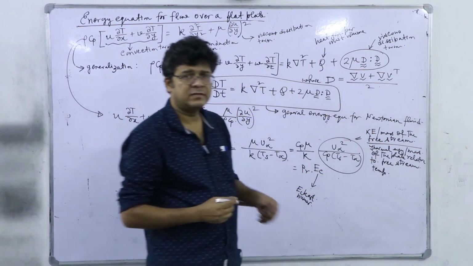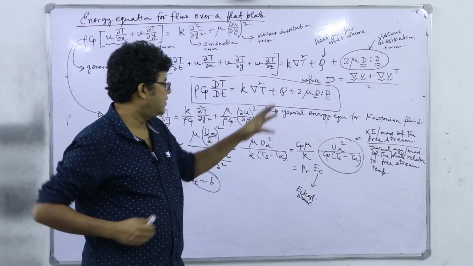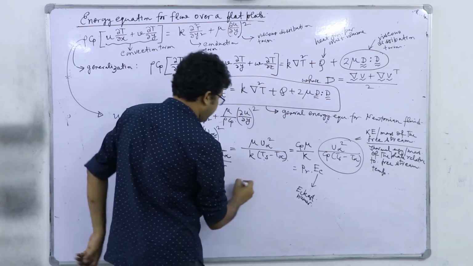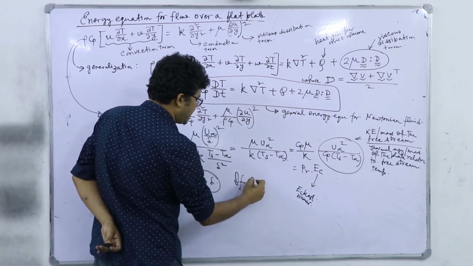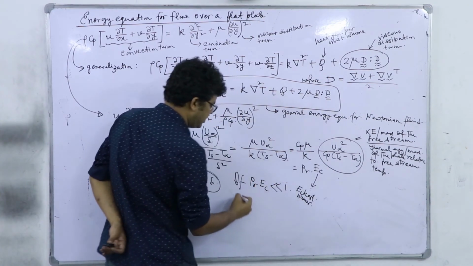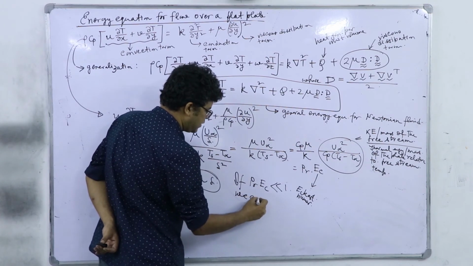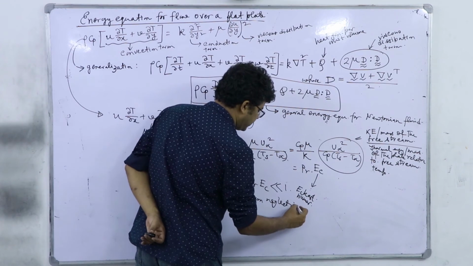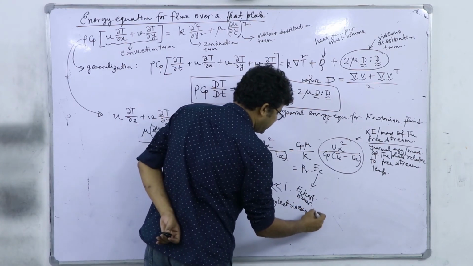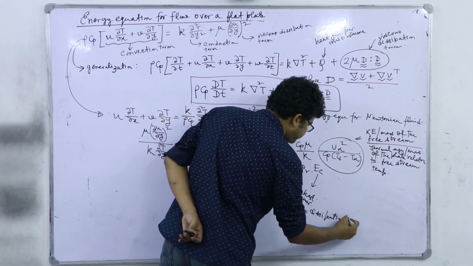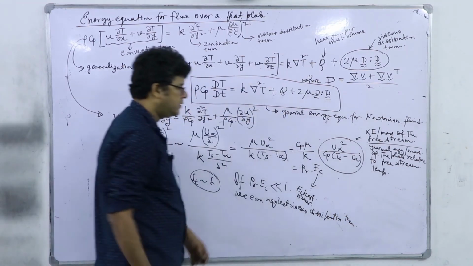Some sort of this we can explain as the physical significance of the Eckert number. So, if Prandtl number into Eckert number is much less than 1, we can neglect the viscous dissipation term.